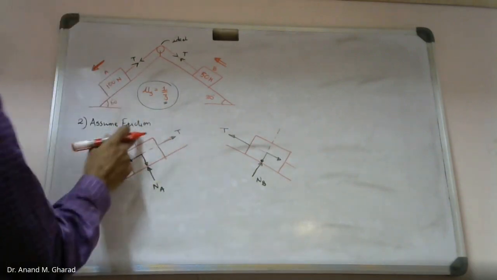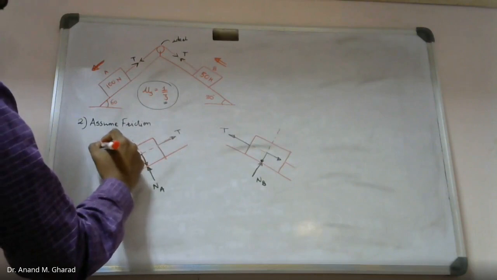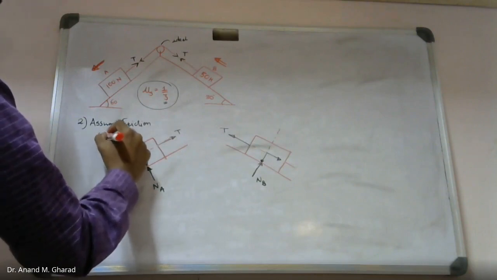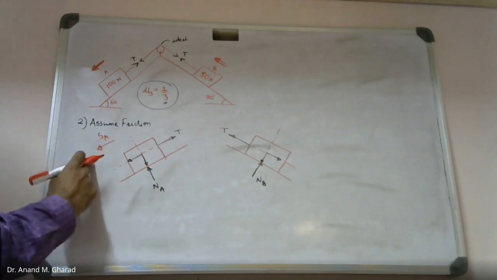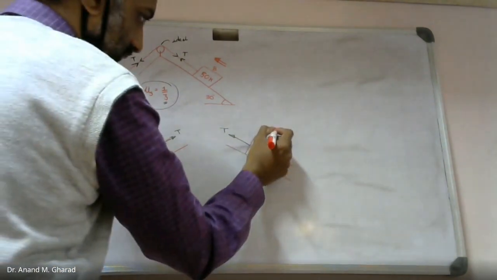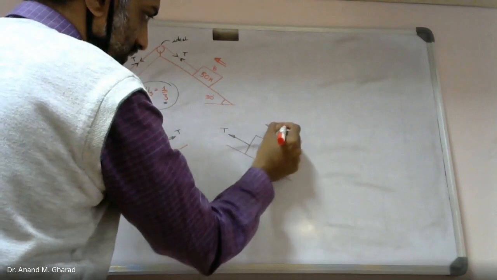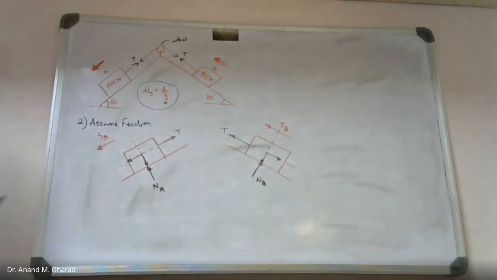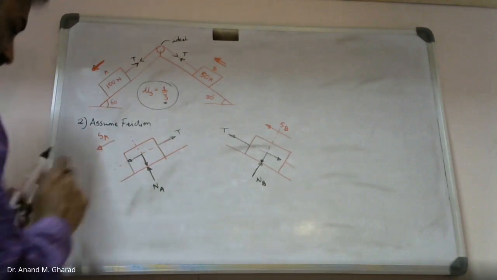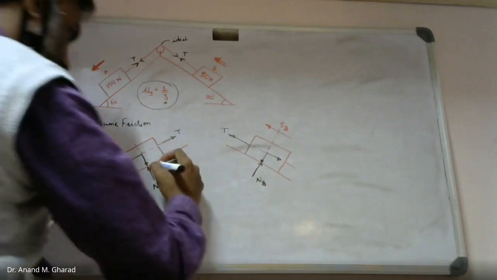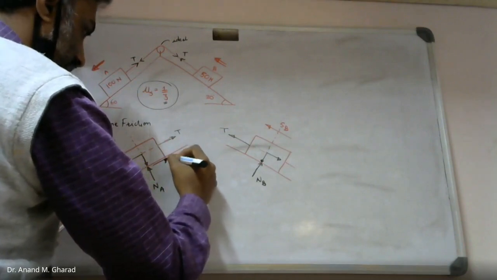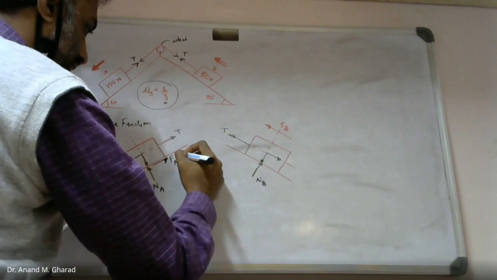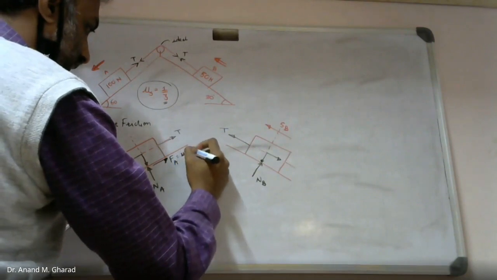Next is incorporation of the frictional resistance. Since this is moving in this direction, let me call the displacement of block A as S suffix A, and this as S suffix B. Since this is moving in the downward direction, the resistance offered shall be upwards: FA equals mu s times NA.